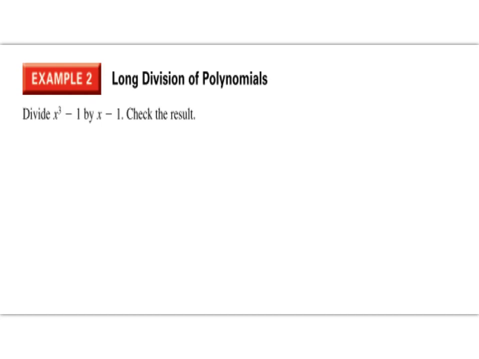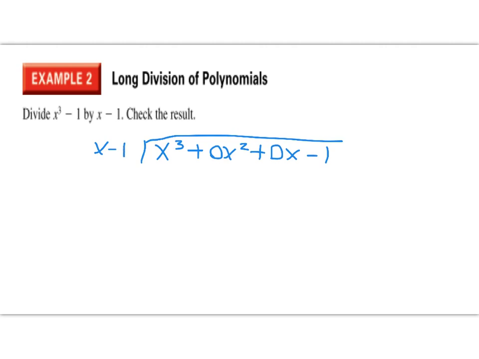We're doing long division. The one thing you need to be careful of is that you've got to take care of every space. So this time we're doing x cubed plus, notice there's no x squared, so we're going to go 0x squared plus 0x minus 1. And I'm going to divide that by x minus 1.